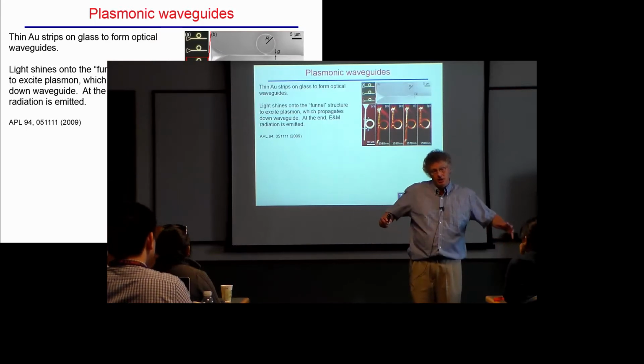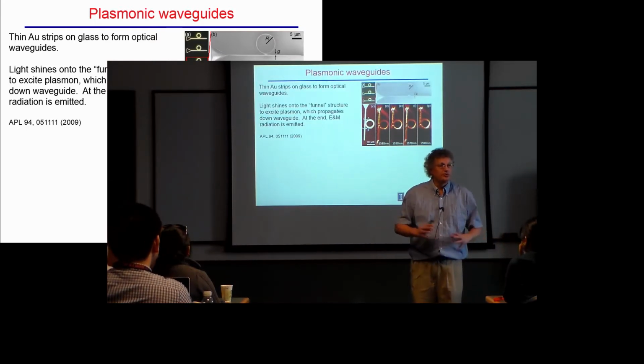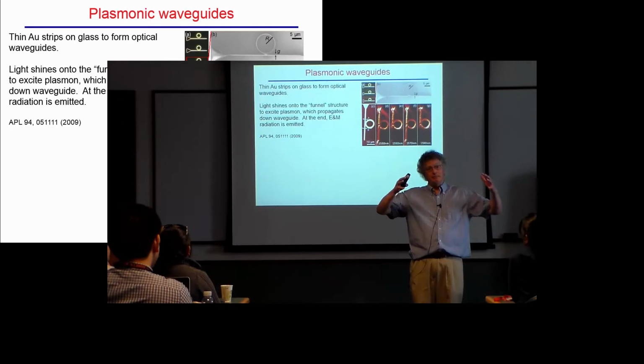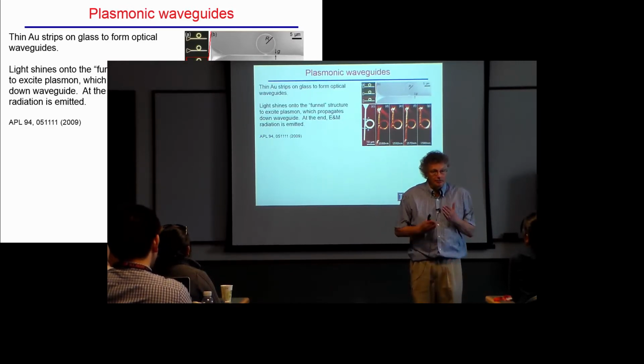So maybe this is a way we can cram more transistors closer and closer together. Because today we're having troubles with making transistors, but the bigger problem, which is even more apparent, is we can't wire them together. We have a problem with the interconnect between them.